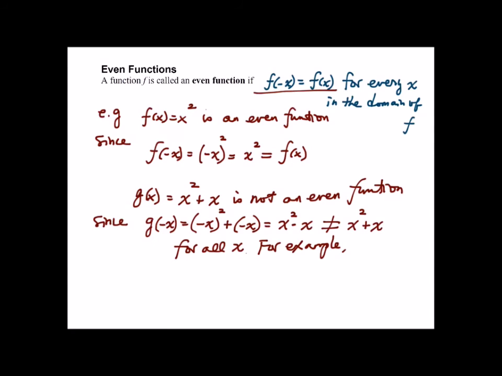For example, if you simply pick x equals 1, then g of negative 1 would be 1 squared minus 1, which gives me 0. On the other hand, g of 1 would then be 1 squared plus 1, which is 2. And certainly 0 is not equal to 2. These two cannot be exactly the same. Hence, g is not an even function.